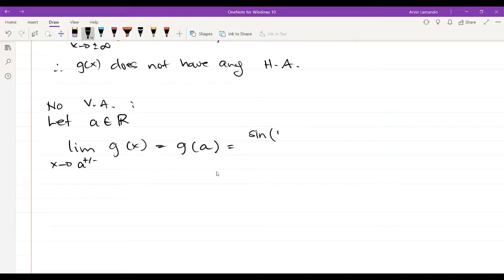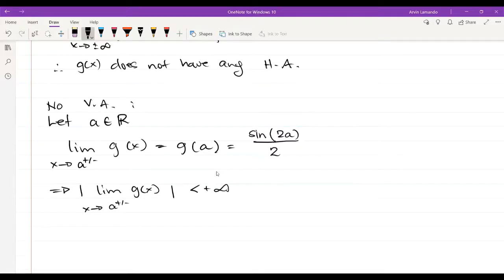This is equal to sine of 2a all over 2. And this implies that the limit of g of x as x approaches a from the left or from the right is always finite, or it's always less than infinity.